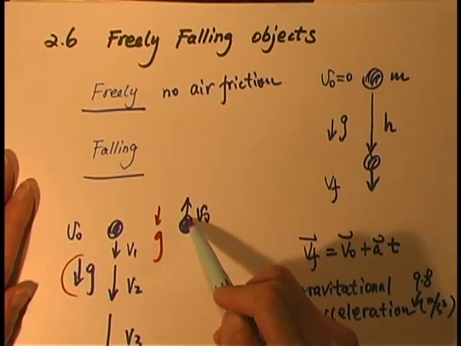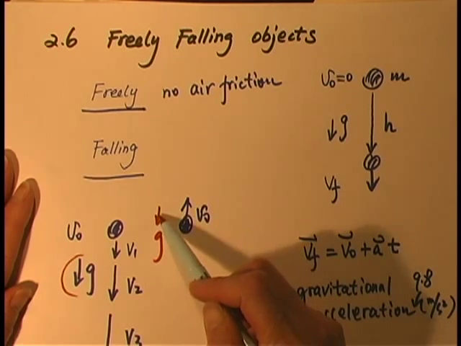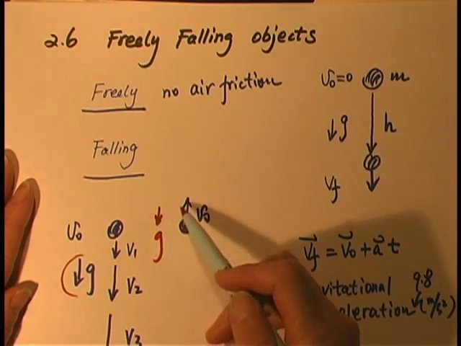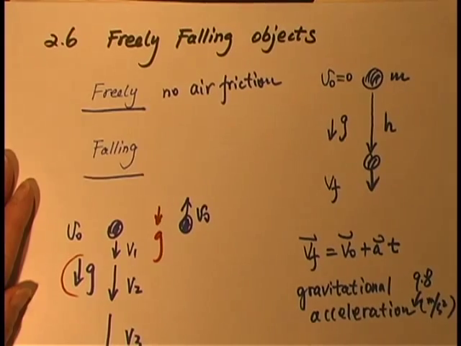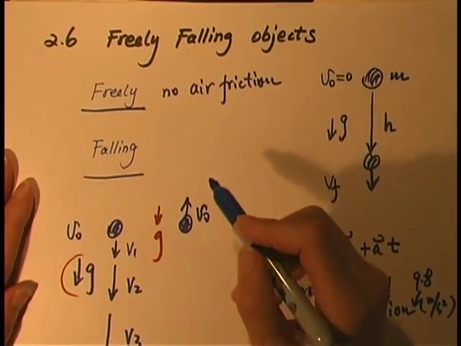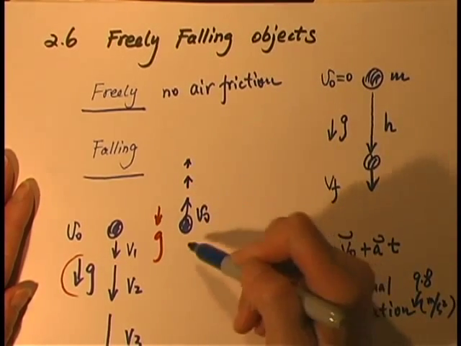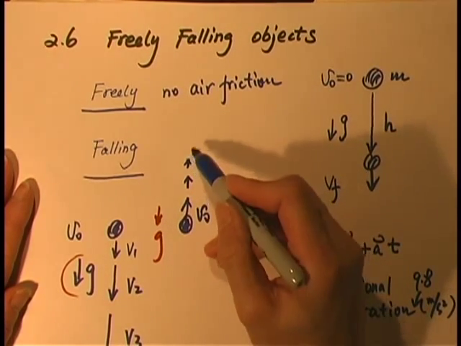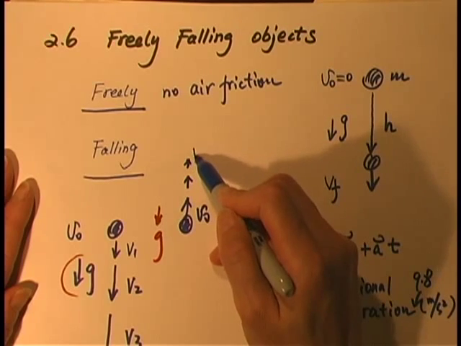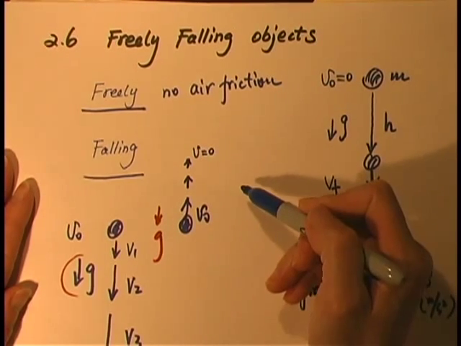So just like a car has initial velocity up and the deceleration is downward, this v initial will be reduced. If I draw the arrow, it will get shorter and shorter. At the highest point, which is the peak, v equals 0. Then what?